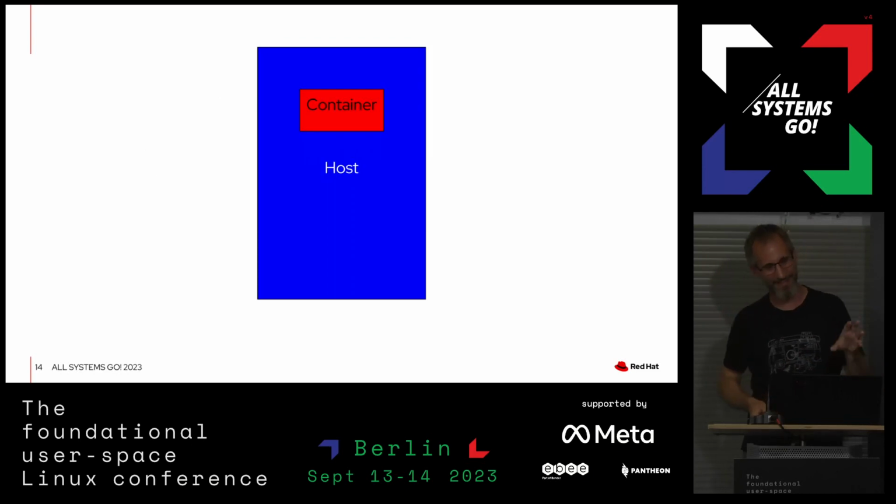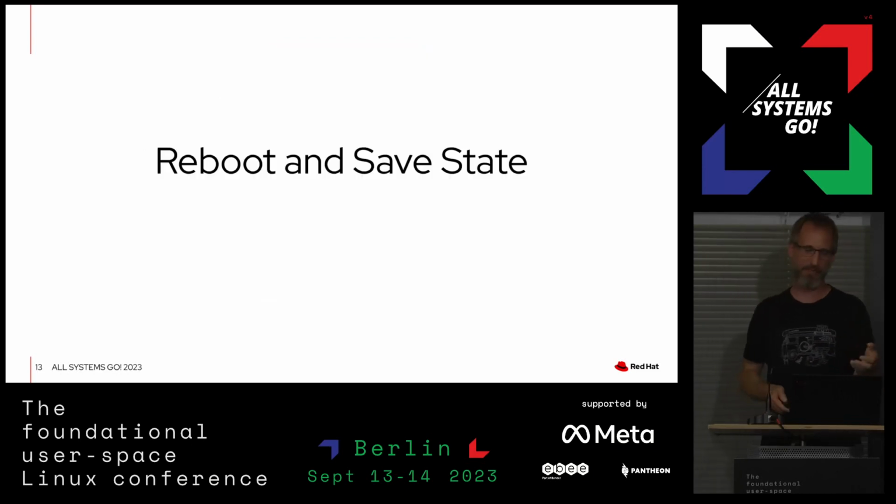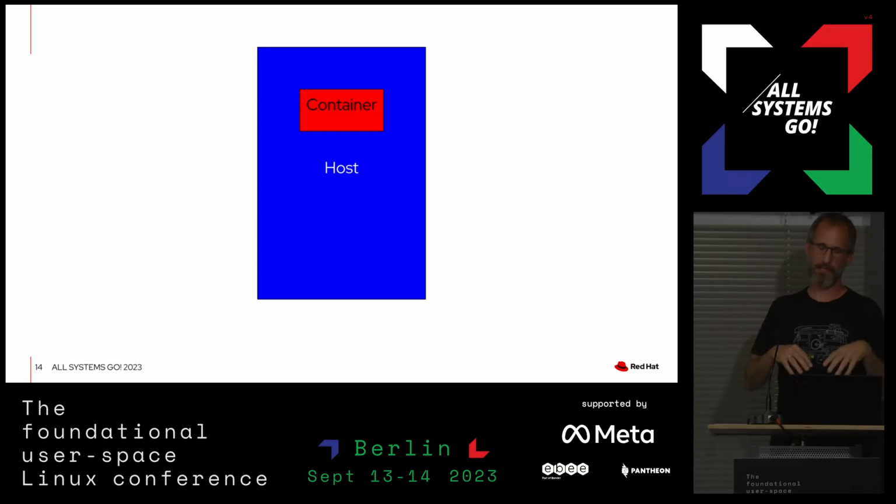Anyway, so the reboot and save state is something, so you have your system that is running a kernel, you need to update your kernel for some reason, but you also have a container running on it. The container takes some time to start, and I don't want to reboot it, it takes forever to boot up.